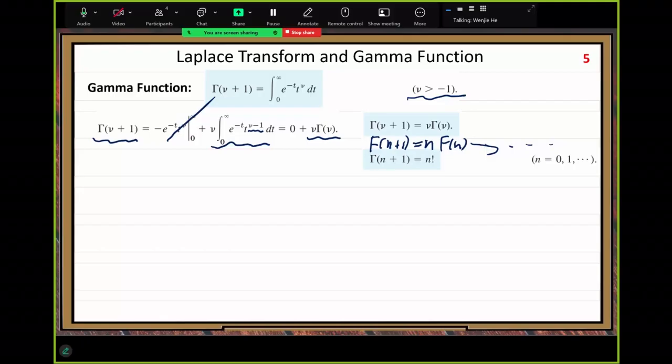For this gamma function, if you use nu as a non-negative integer n, then you get a factorial. So factorial is a special case of the gamma function, or the gamma function is a generalized factorial.